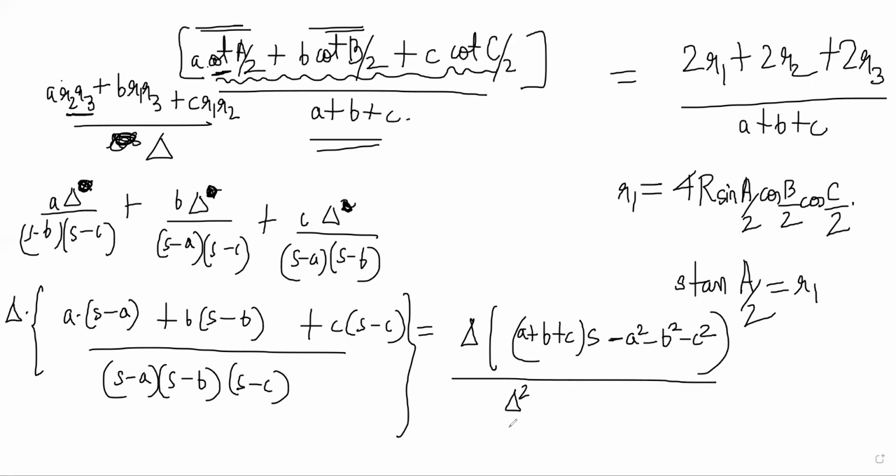Del square by S square, no? Del square would be S into S minus A and so on, so del square by S. So you are getting again S by del. And here you are getting A plus B plus C into S, and S is again A plus B plus C by 2, right?